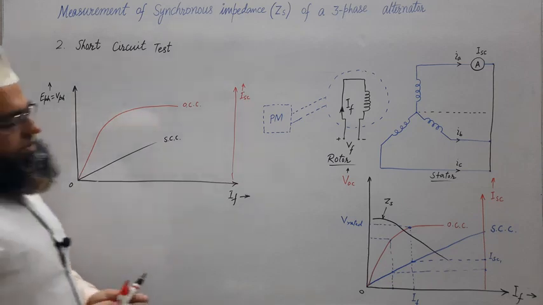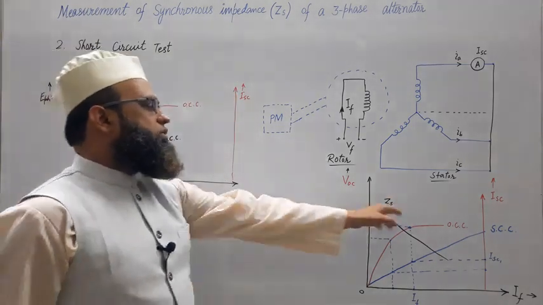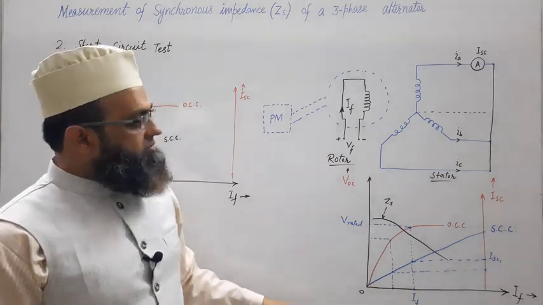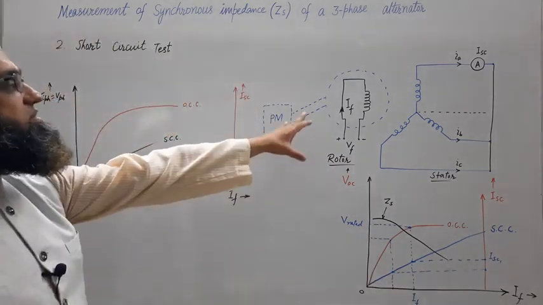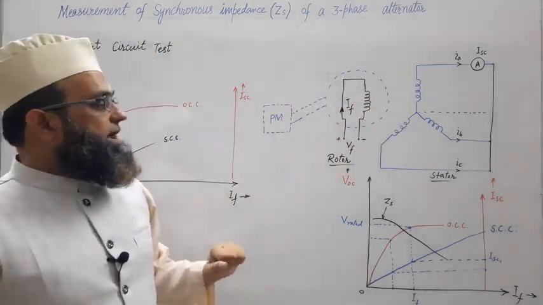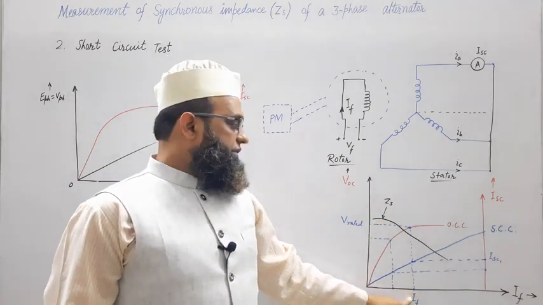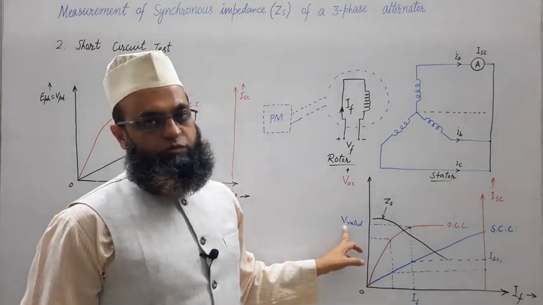So as discussed earlier, synchronous impedance will vary with varying field current. So for the purpose of performance analysis of the synchronous machine, we need to take the value of ZS corresponding to the field current which gives rated terminal voltage. Fine.